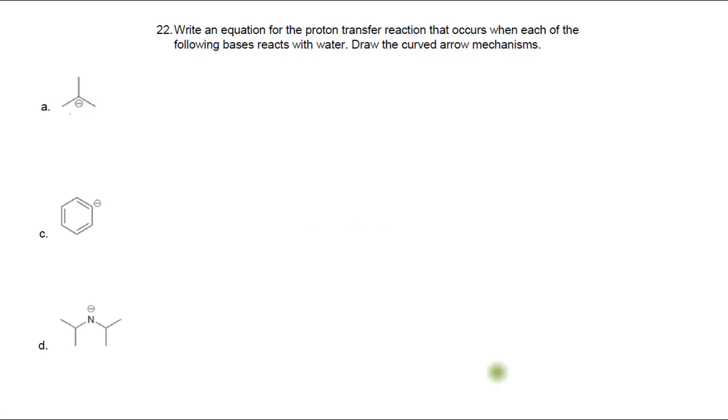In this problem, we're going to look at the reaction with water. So all of these are acting as the base. That means waters are acid in all of them.